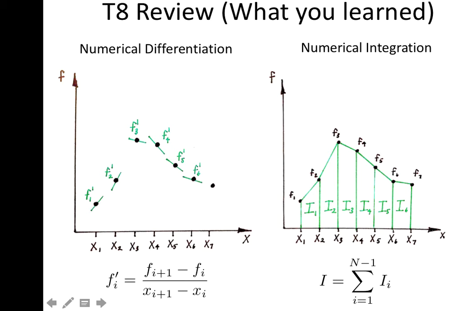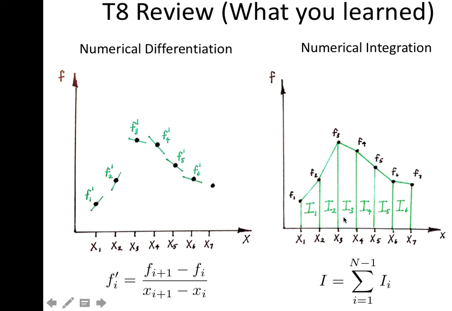I've graphically shown that derivative for this set of data in green. When you take a derivative, you're going to have a derivative for every point. If you're doing a forward difference, you won't be able to define the derivative on the last point, and you'll have to use a backward derivative there.